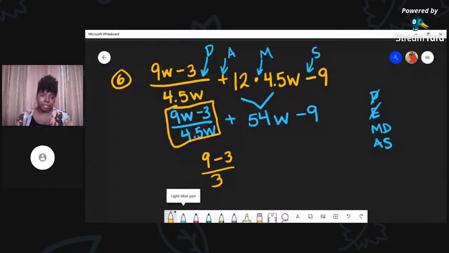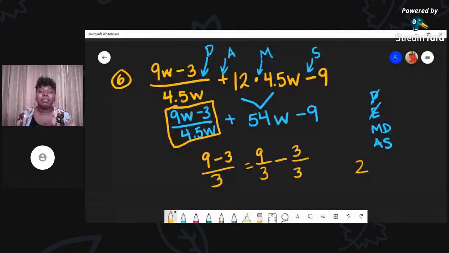And 6 divided by 3 is what? 2. So we know the answer is eventually going to be 2. You can break this down into 9/3 minus 3/3, because don't we end up just subtracting? So we can actually break the fraction apart.